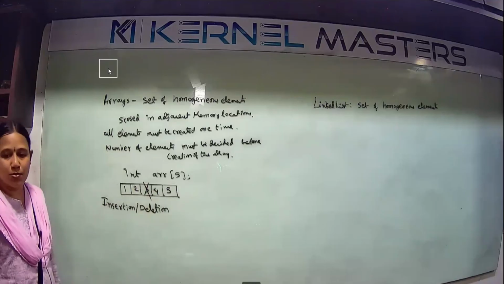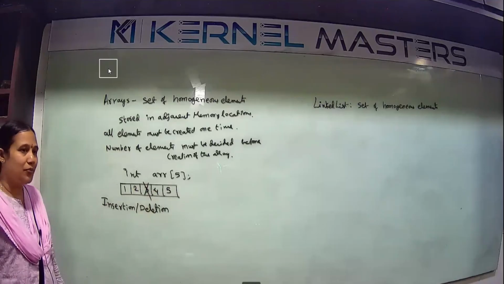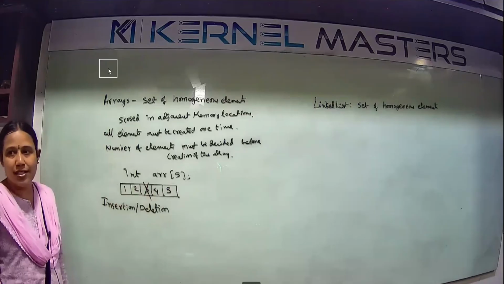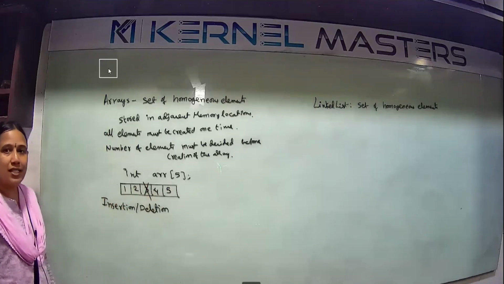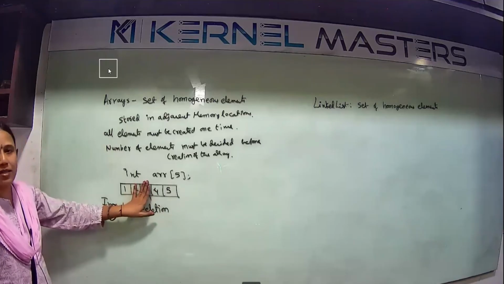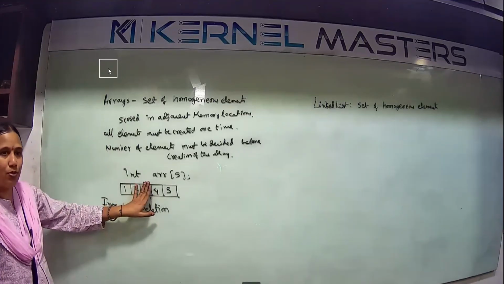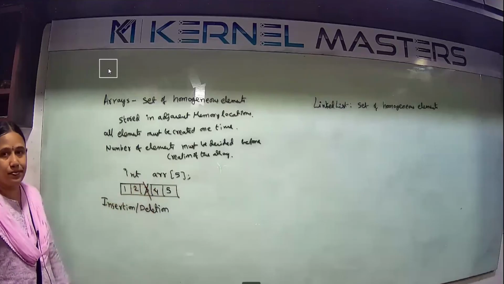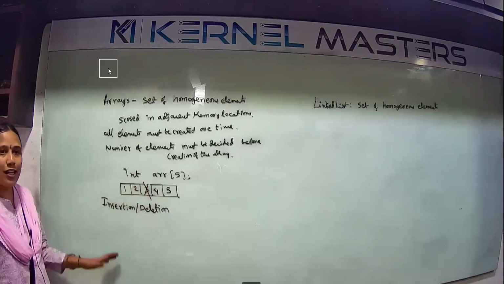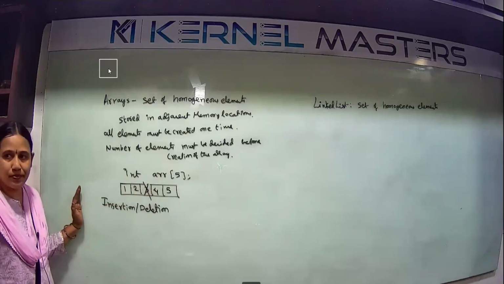Soft deletion is possible. What is meant by soft deletion? You can get the effect of deletion, but you can't actually delete it totally. Hard deletion means you have to make it disappear completely. That element 3 should be totally gone, along with its memory location. That kind of hard deletion is not possible.